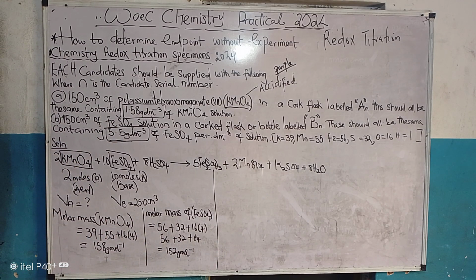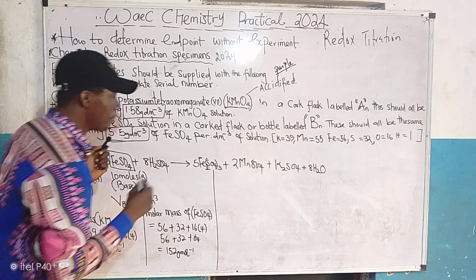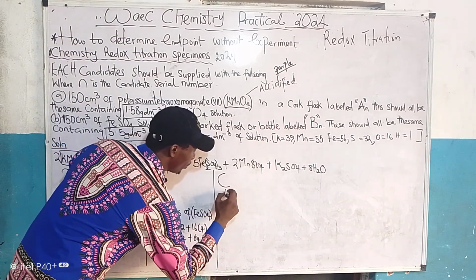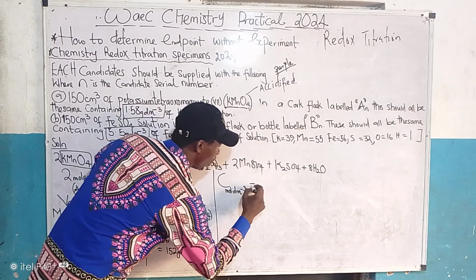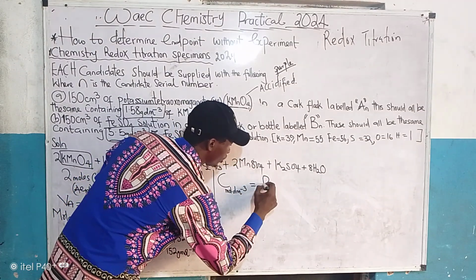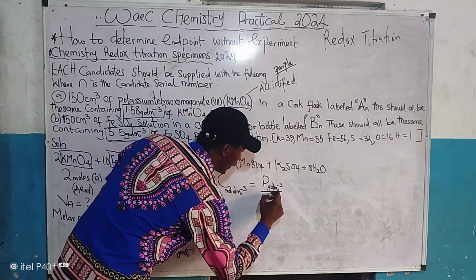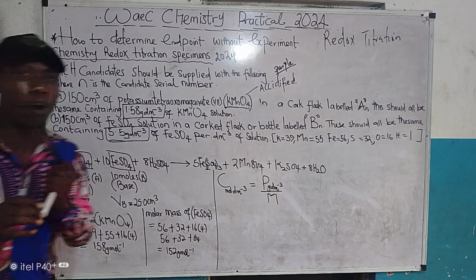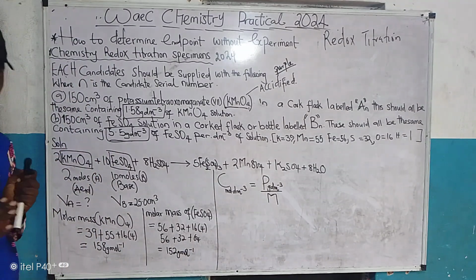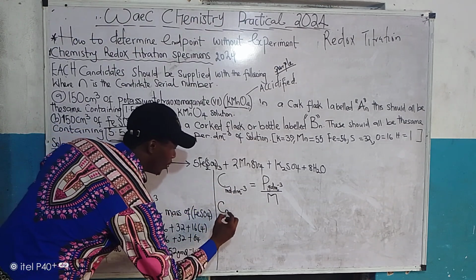Why did I say so? Remember that number of moles is mass over molar mass. Do you remember that concentration in mole per dm³ is equal to mass concentration in gram per dm³ over the molar mass? So with this, we can know the concentration of A and the concentration of B. If I need Ca, what will I do?